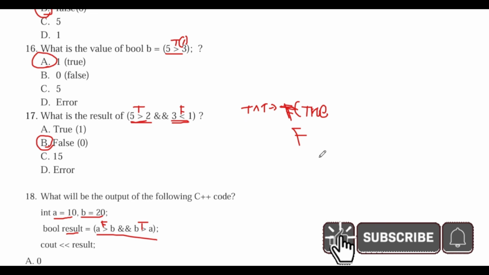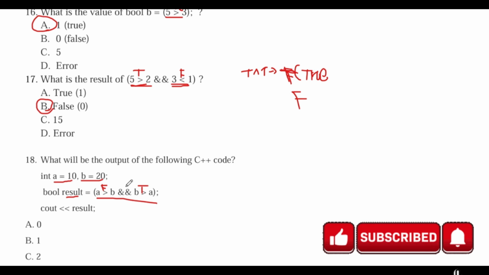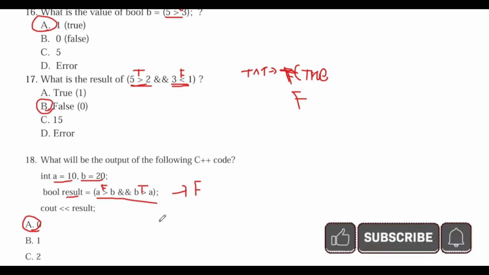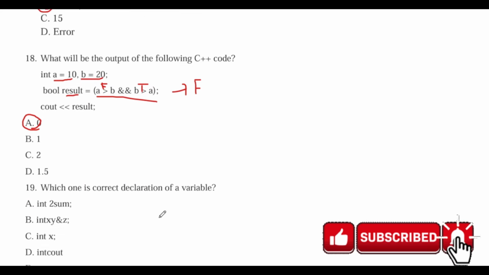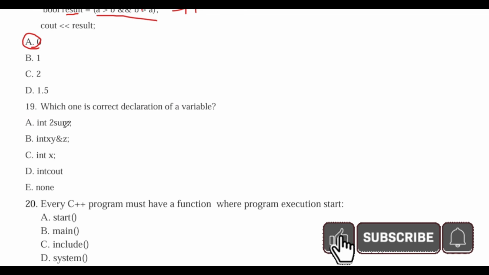In what? In end. So one side is false. If one side is false, the result will be false. If both sides are true, the result will be true. So the answer is 0.